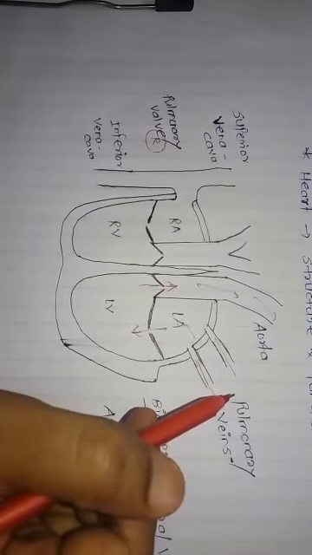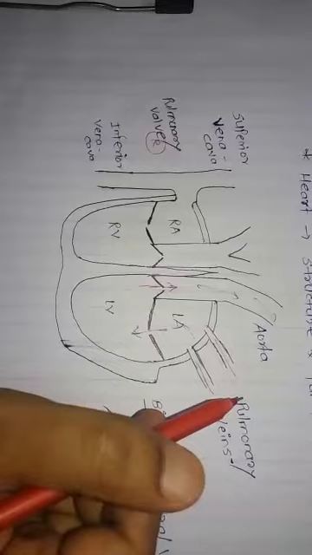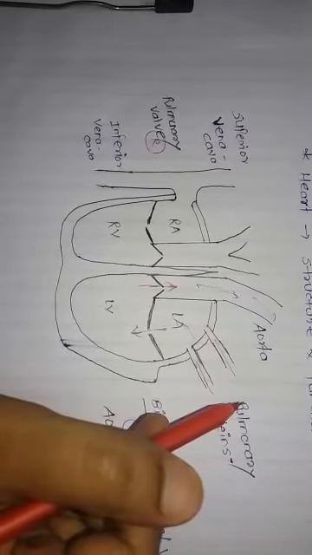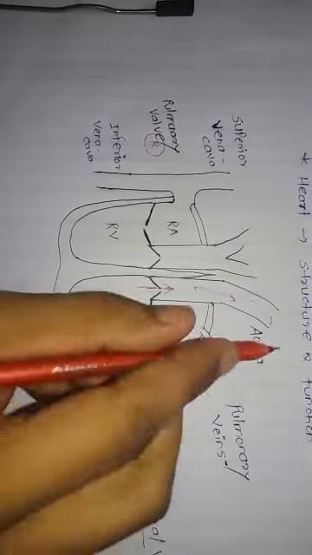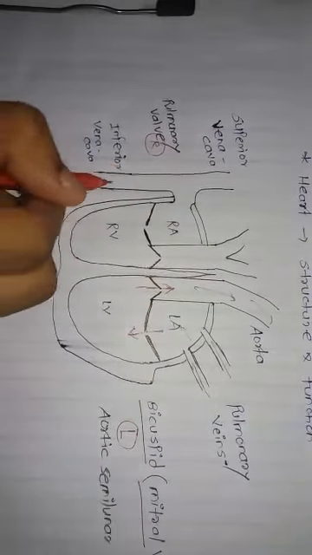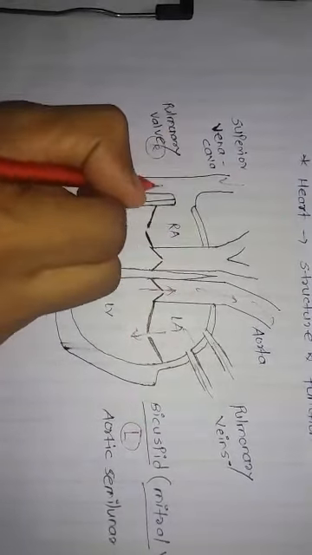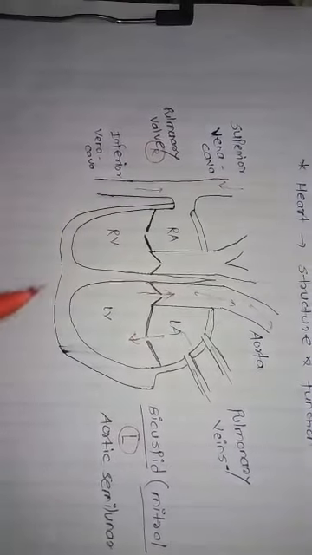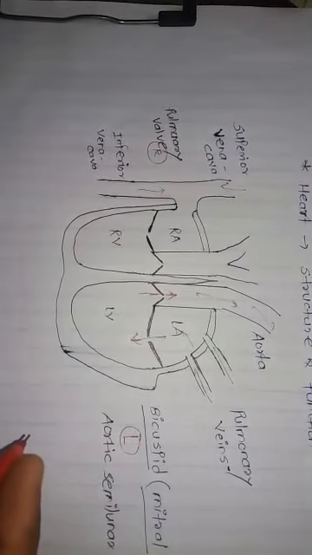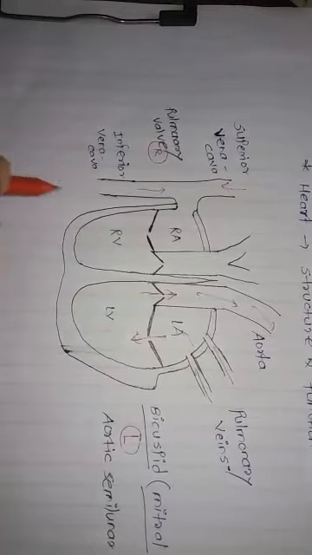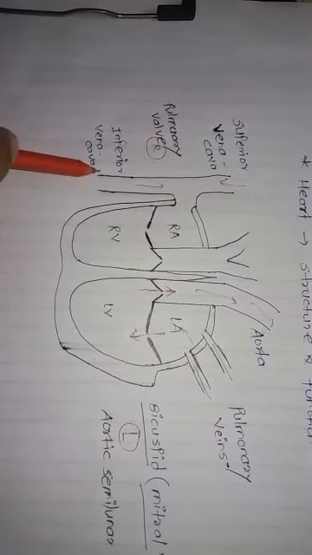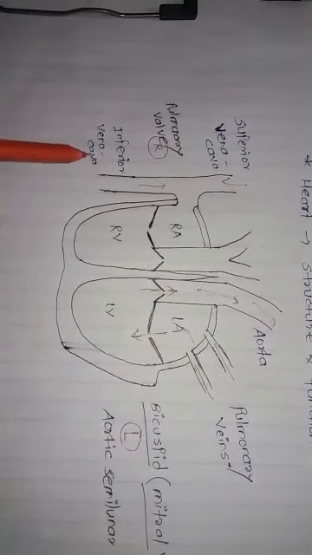Oxygen is taken up by the tissues and carbon dioxide unloads into the blood. That deoxygenated blood from the tissues is taken up by the veins and drained through the superior and inferior vena cava.